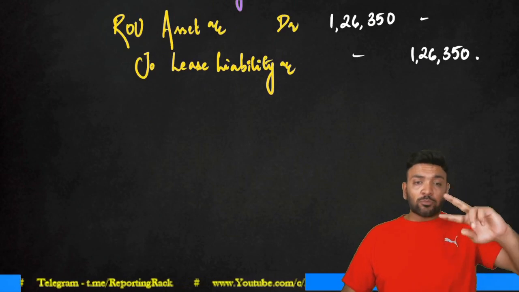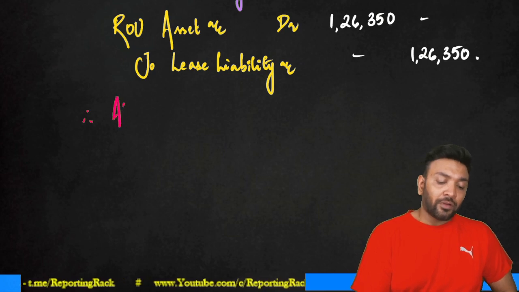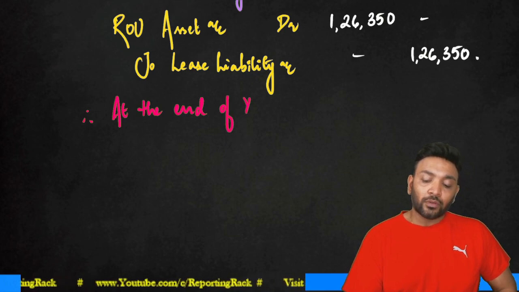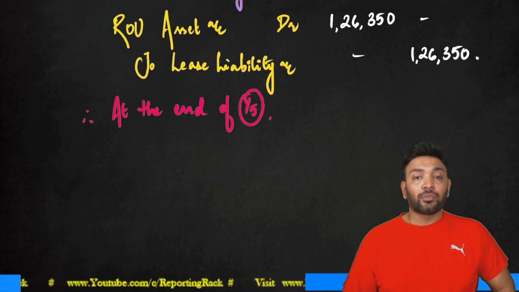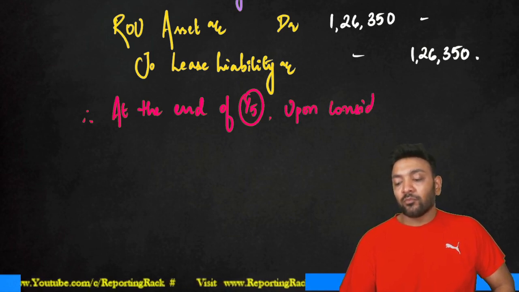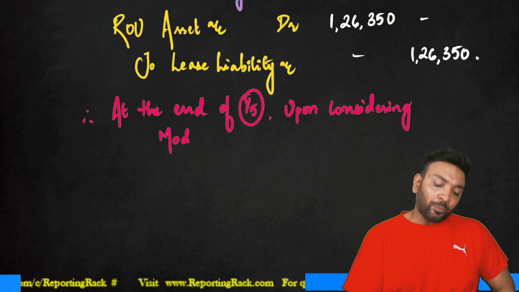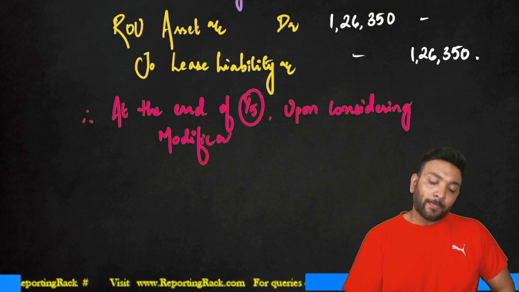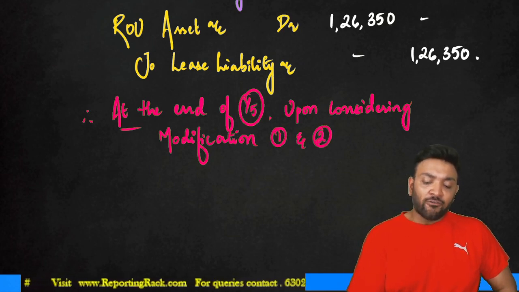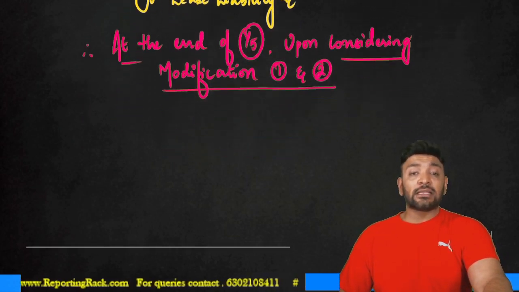Now, if I consider both modification 1 and 2 at the end of year 5, both modification. First modification regarding reduction in scope of asset, that is by reducing the lease term.